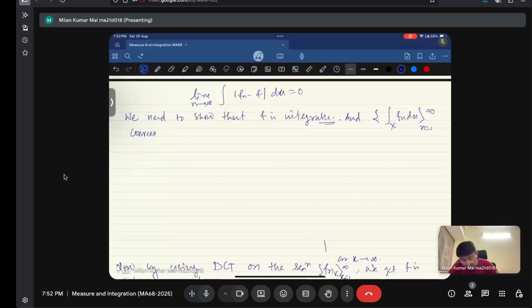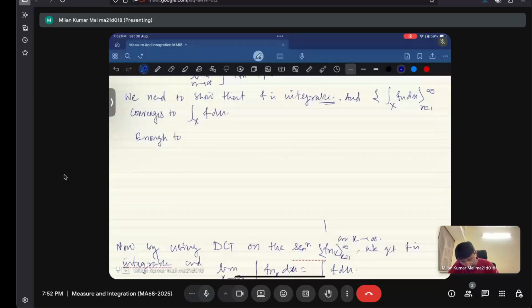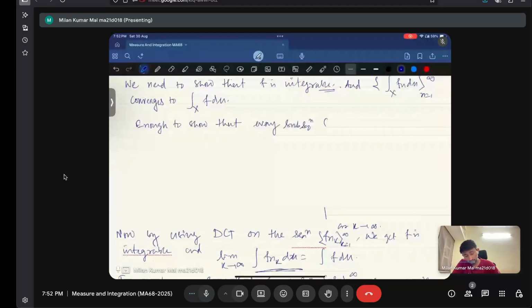for every subsequence f_{n_k}, it has a further subsequence that converges to the integral of f. This is what we have to show.